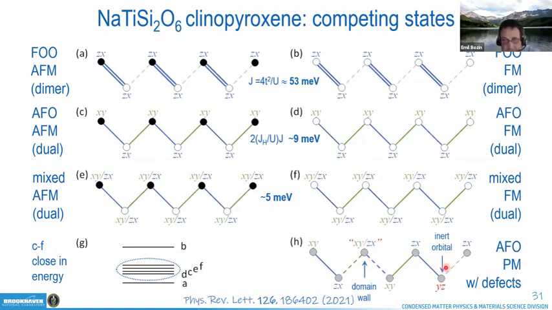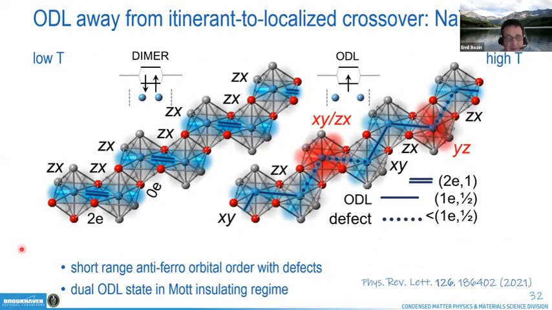So to summarize and rationalize, from the local structural perspective, we have a transition from a long-range ordered spin singlet dimer state, depicted on a chain, into a short-range antiferro orbitally ordered state with defects of this type. And we coined the name orbital-degeneracy-lifted, or ODL, state, which is presumably a precursor to the orbitally ordered dimerized regime at low temperature. And it exists, of course, in this metal-insulating regime.